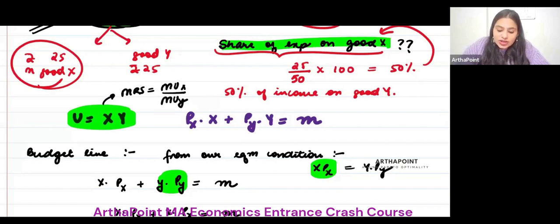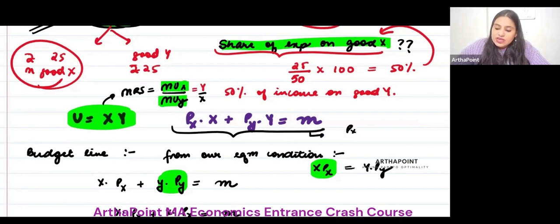When you differentiated it with respect to X, you got the answer as Y. When you differentiated it with respect to Y, you got the answer as X. The slope of the budget line is PX by PY.